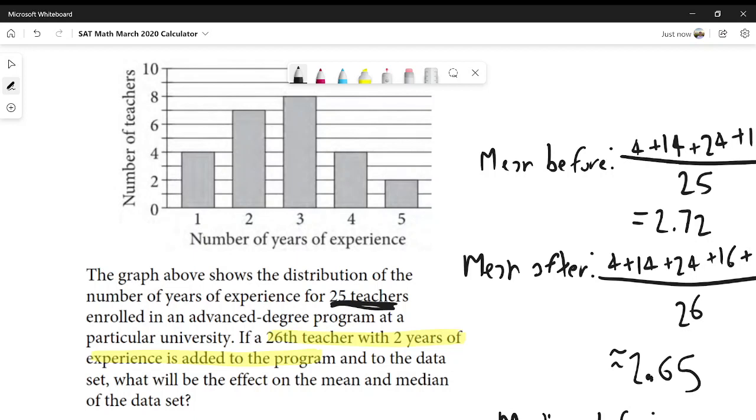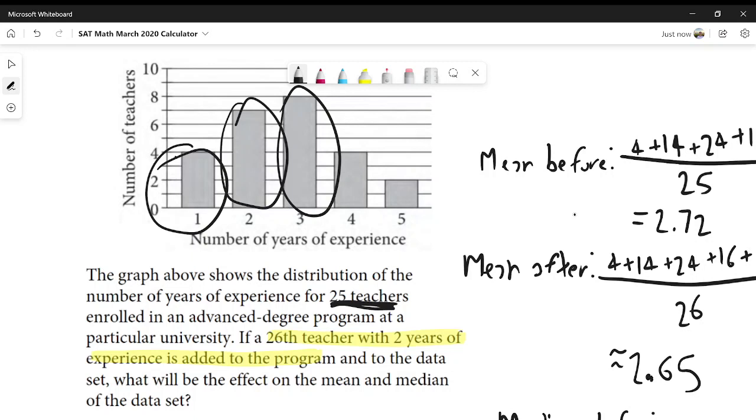So if there's 4 teachers that have 1 year of experience, and then there's 7 teachers with 2 years of experience, and then another 8 that have 3 years of experience.